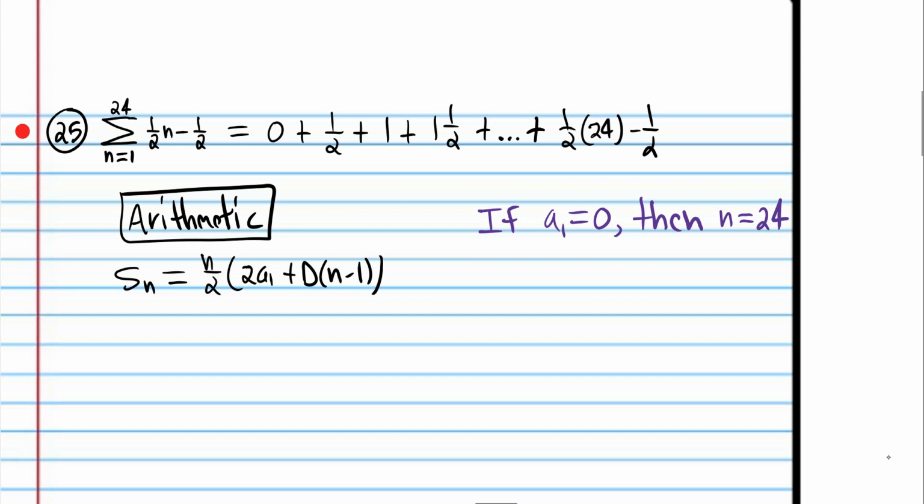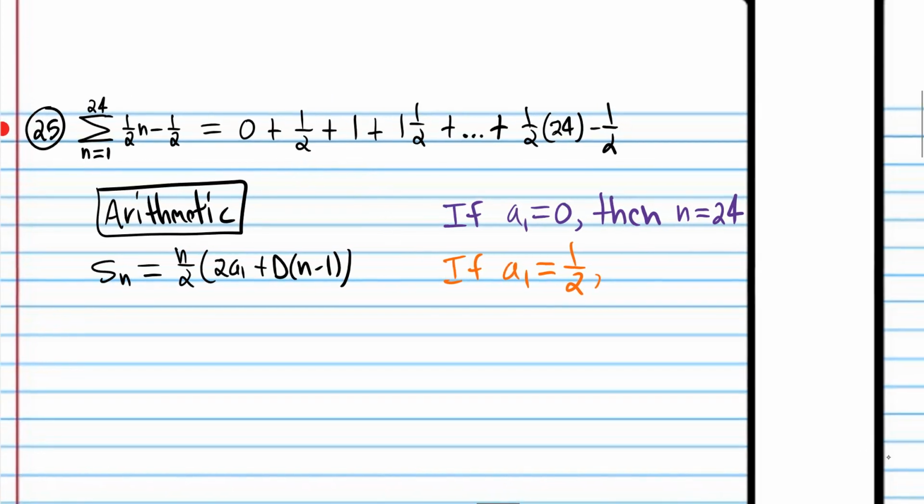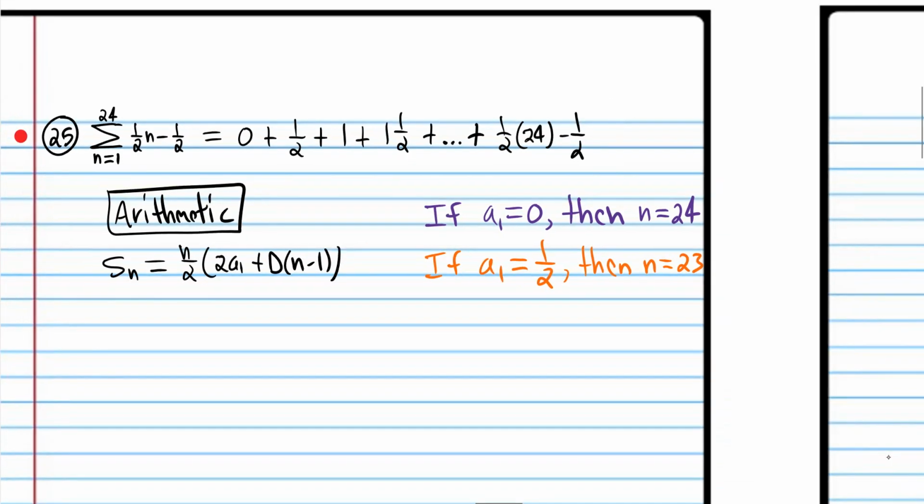But if the first term is 1/2, because we can also do it that way, we can consider this to be the first term, then n would be 23. Because if we're starting here, this is not a term that we care about.